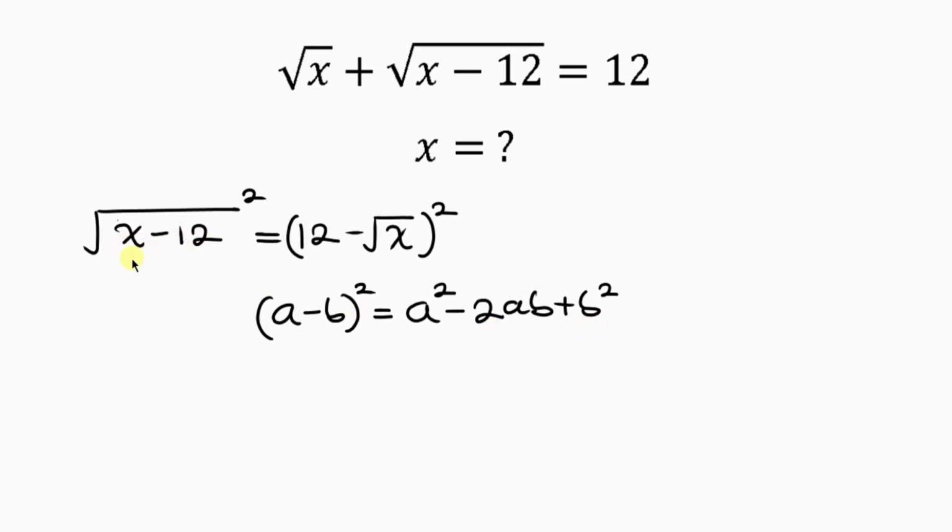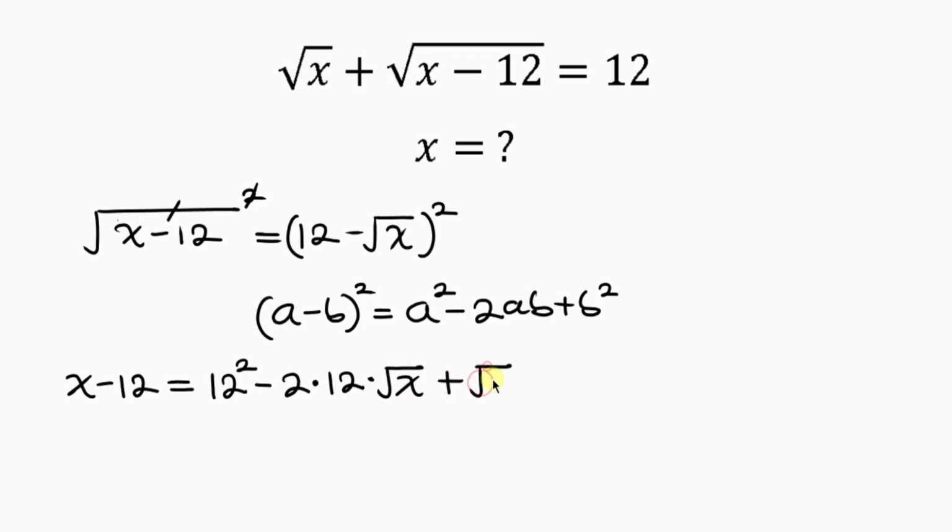But now notice that on the left, this square cancels out the square root, leaving behind x minus 12 to be equal to, now expanding this, we have 12 squared minus 2 times 12 times the square root of x, and then plus the square root of x squared.